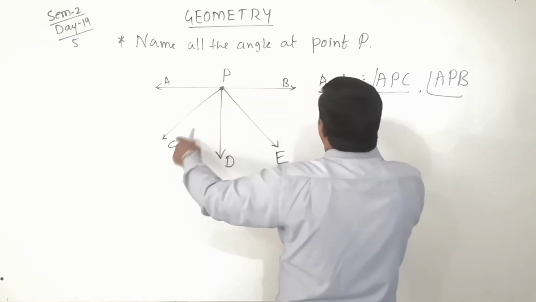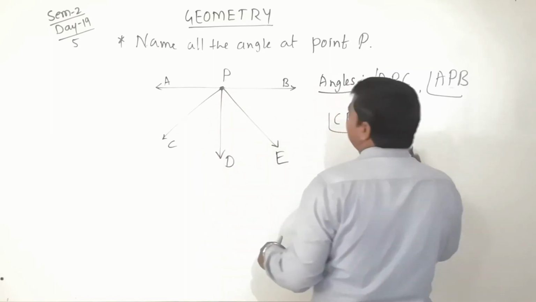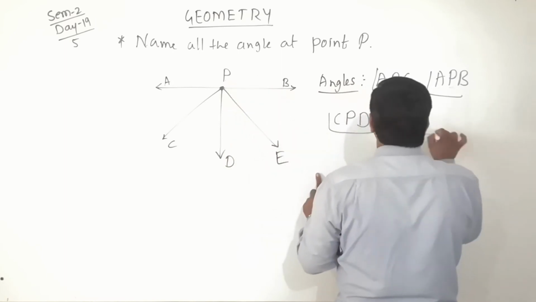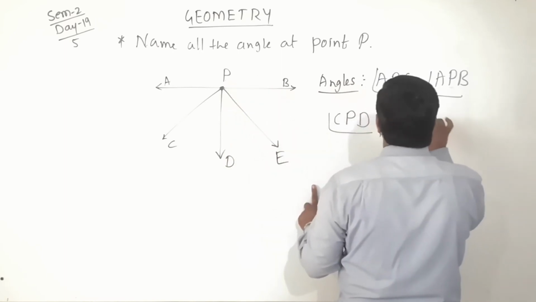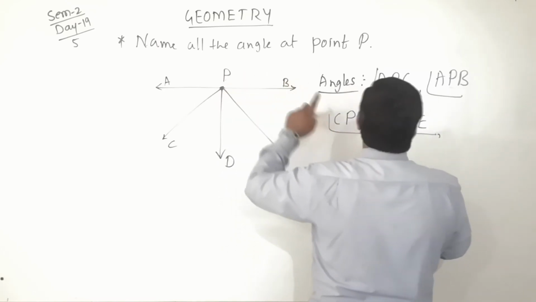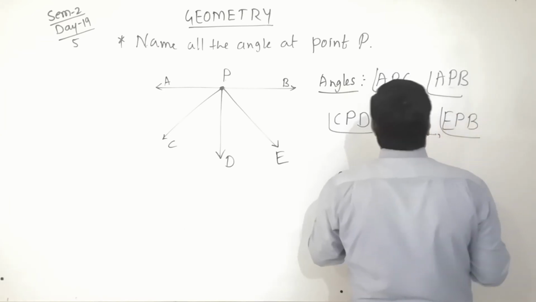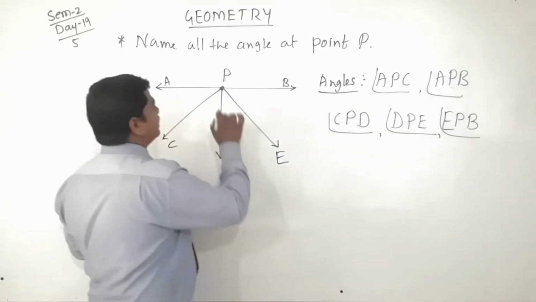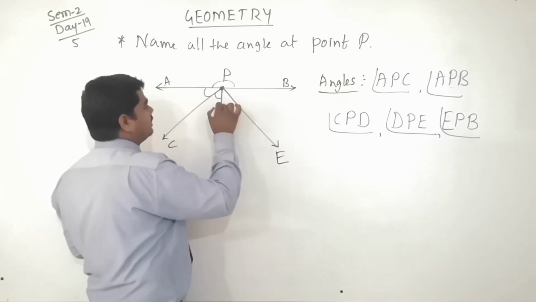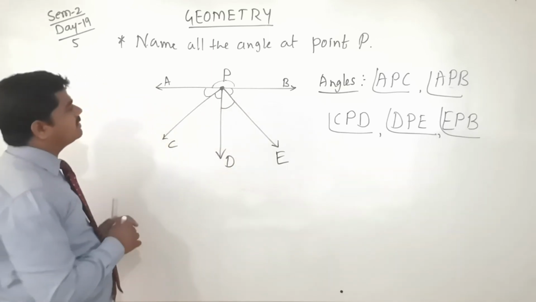C P D, angle CPD, and angle BPE, and one more angle, yes, EPB. See angles. Here there is one angle. Here one angle. Here one, and there is one. Totally how many angles?